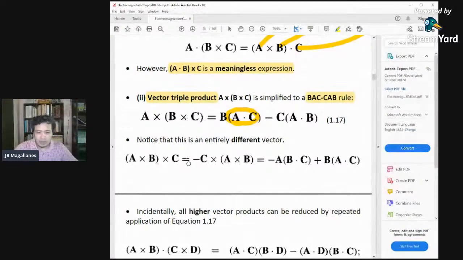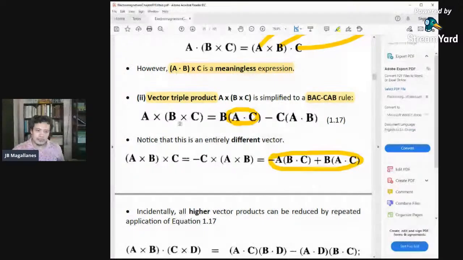If you interchange the order, you have negative C cross A cross B, and by the BAC-CAB rule, this is equal to this. So they are not equal.